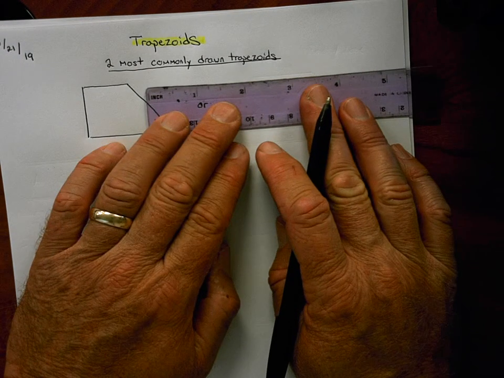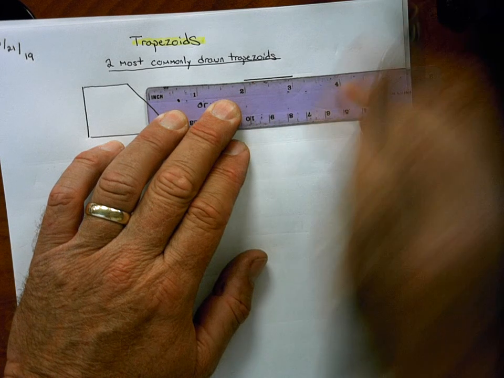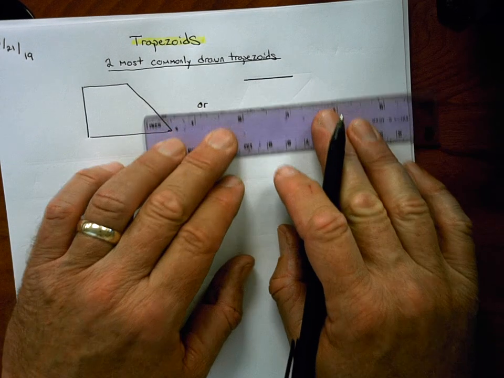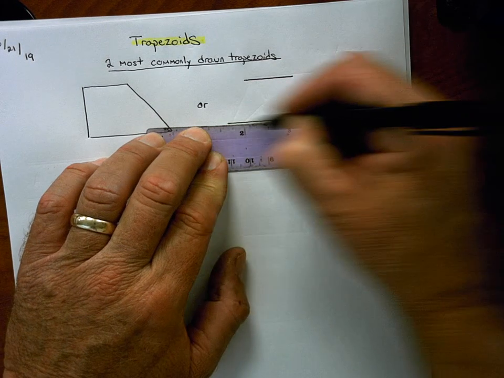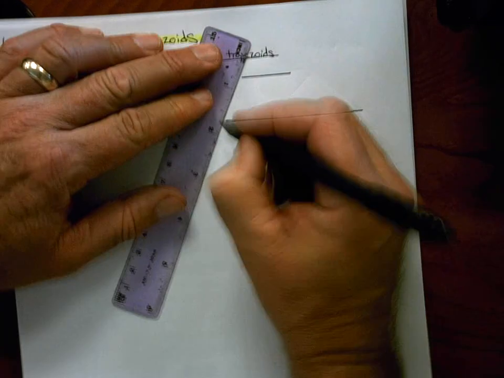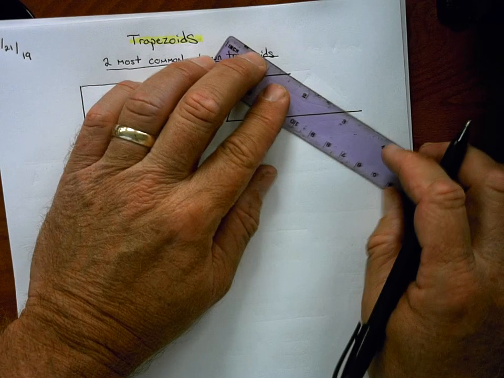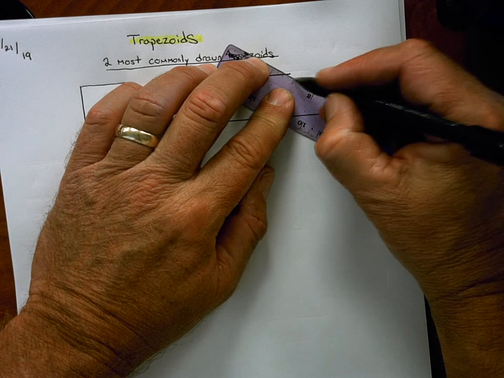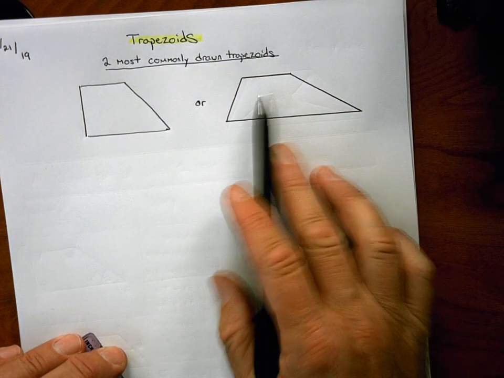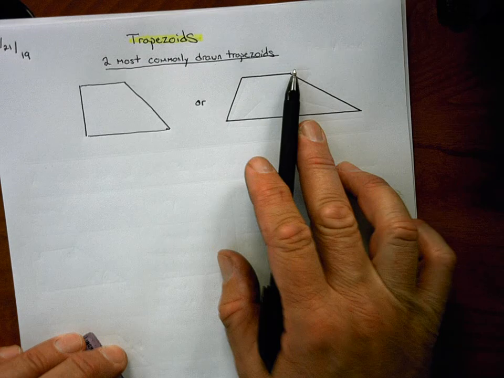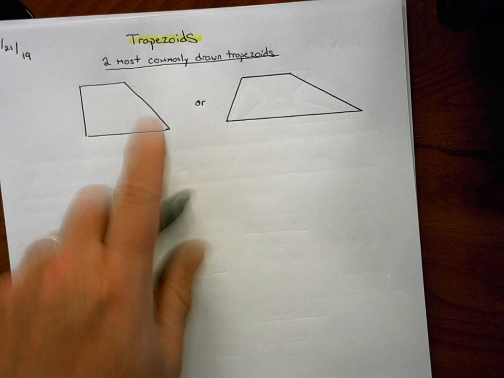A Mayan temple was shaped like this. The Incas made temples like this as well. Okay? So it was almost like a pyramid, but the top was cut off right here. But both of these would fall under the classification of trapezoids.